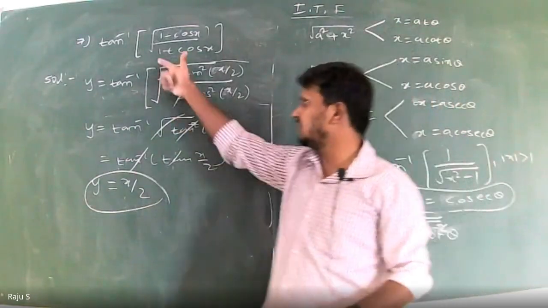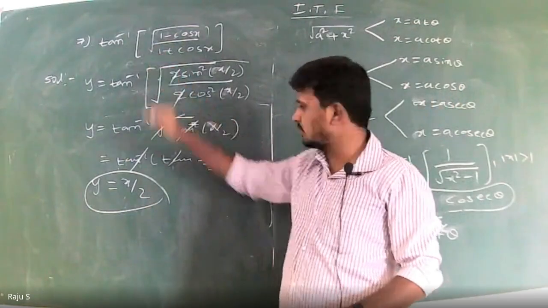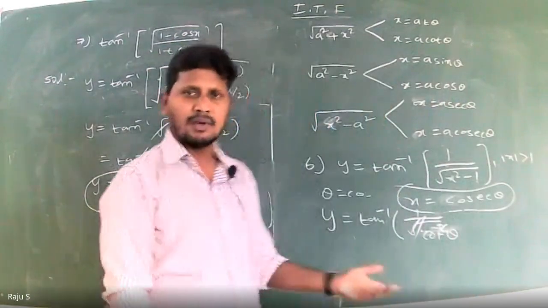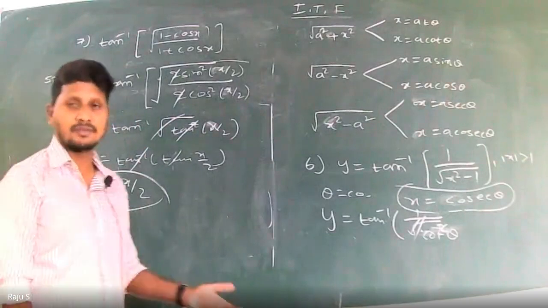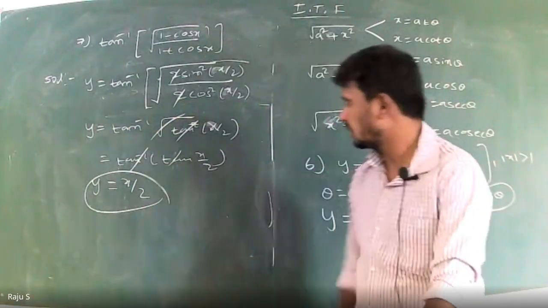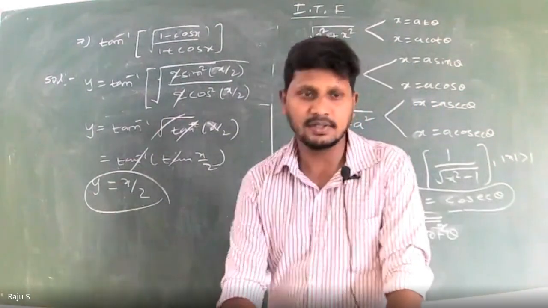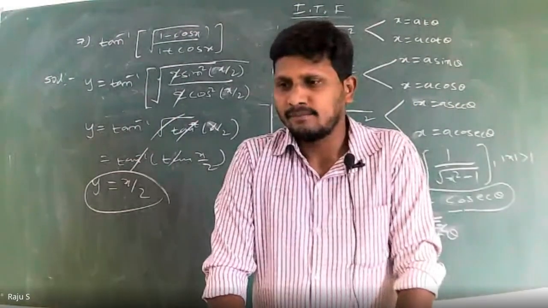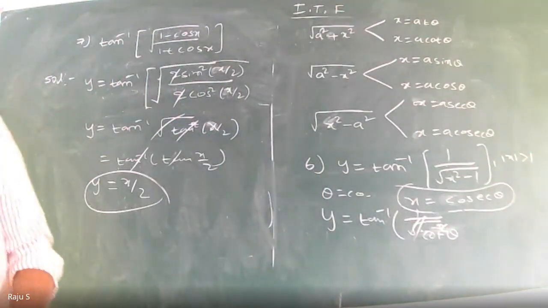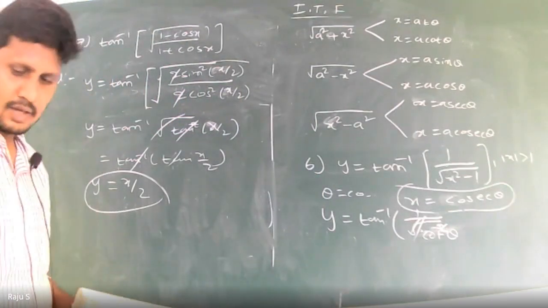So the integral is difficult directly, but if you know this value, x by 2, the derivative is 1 by 2, and the integral is x square by 4, sorry.